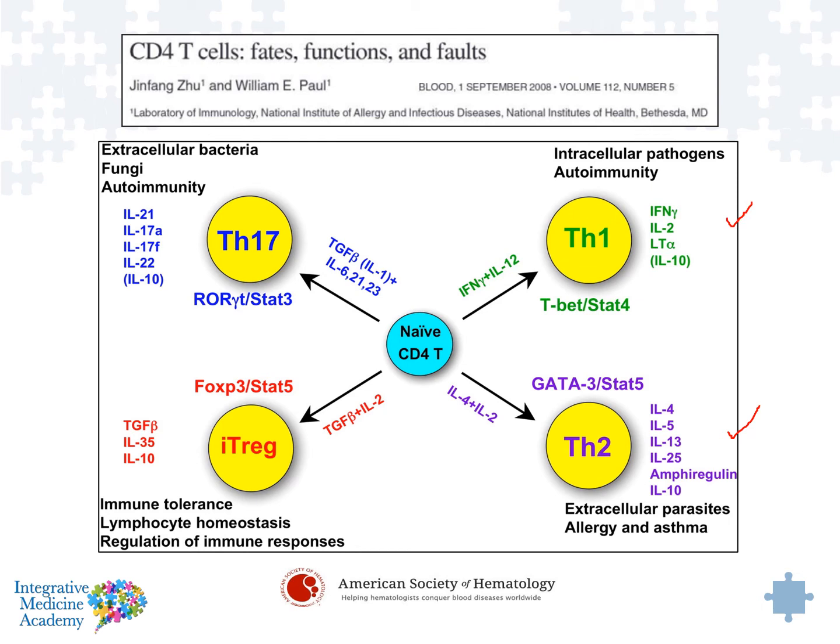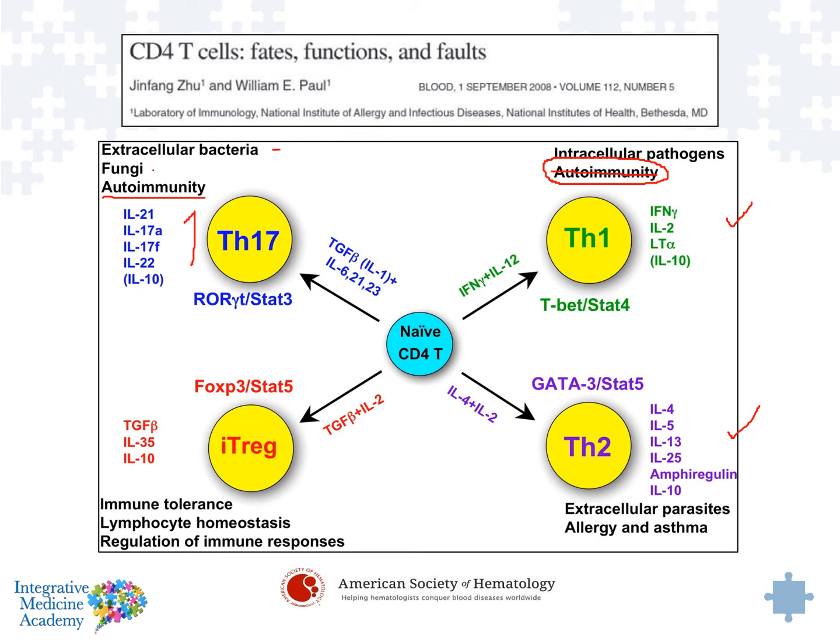Th1 is driven more towards intracellular pathogens. It was once thought that Th1 was very much involved in autoimmunity. Not so much anymore, as that is now linked to the Th17 cells. When this information first came out, they actually hadn't identified Th17 at that point. So again, Th17 is very much geared towards extracellular bacteria as well as fungus.